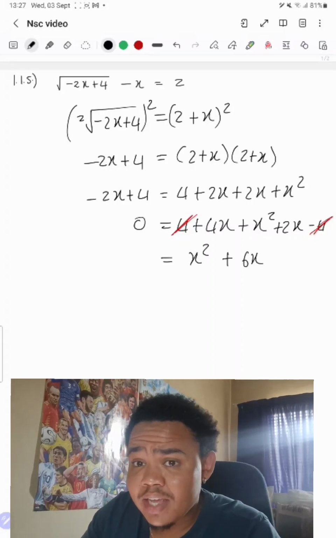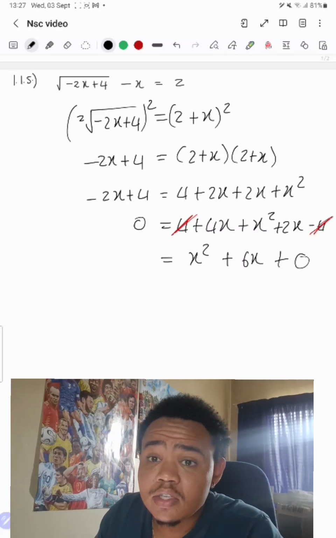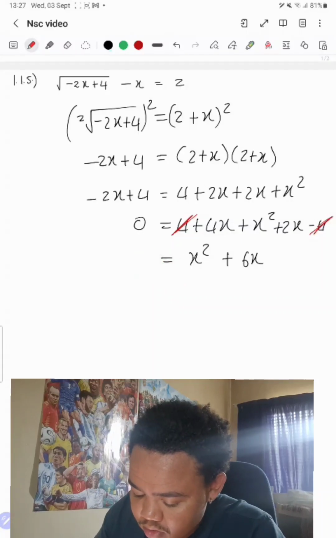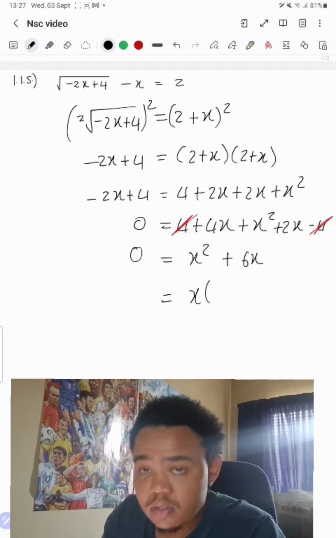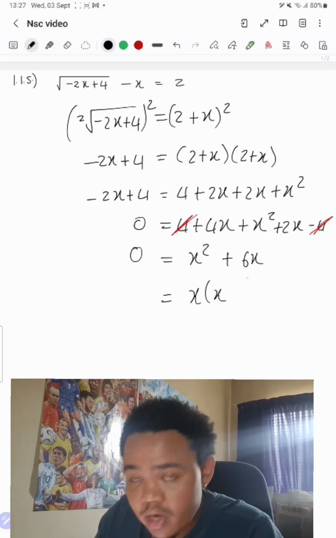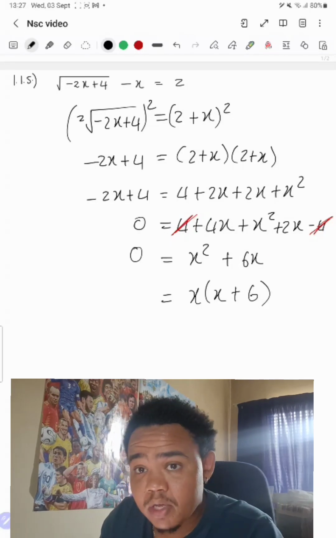So this kind of looks like a trinomial, but unfortunately there is no constant, or the constant is 0. So you're not going to use trinomials. What you can do is just take out an x, a common factor. Here are 2 x's, so 1 x will be left. I took out an x from the 6x, so 6 will be remaining.